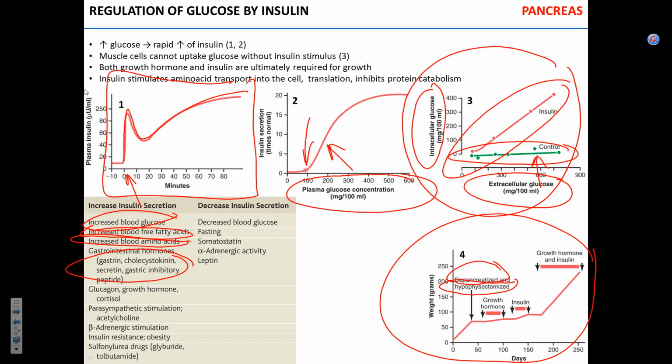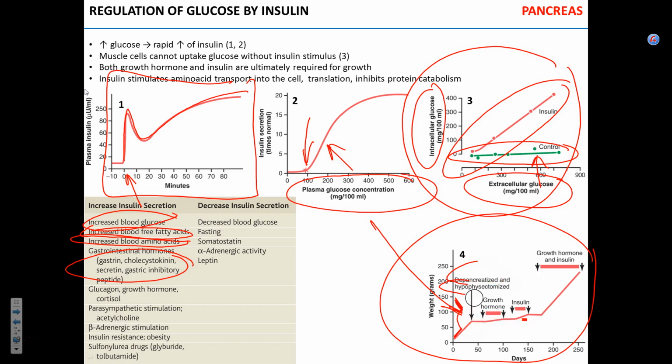Are you following me? Now, if you look at the dynamics of this rat growth, at the time when both these glands got removed, right here, the growth stunts. It becomes practically a flat line. That makes sense?